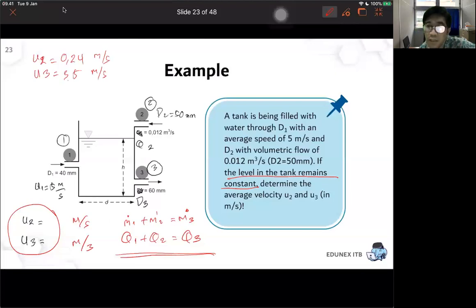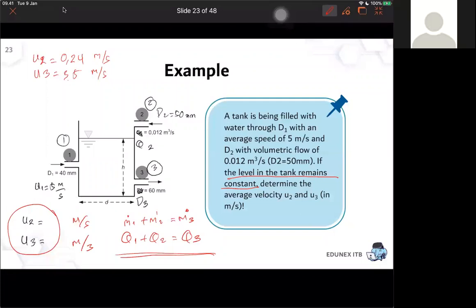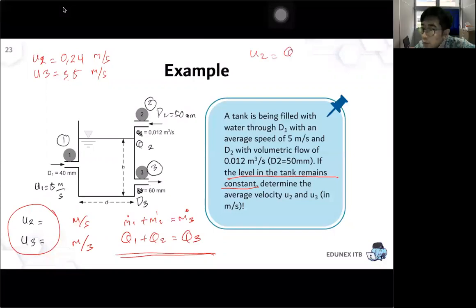How about others? Yang lain sudah selesai menghitung? So U2 is 0.24 at the top, right? So U2 is 0.012 divided by A2.